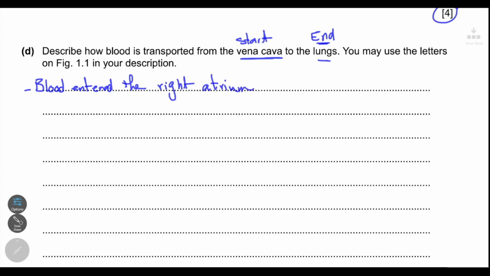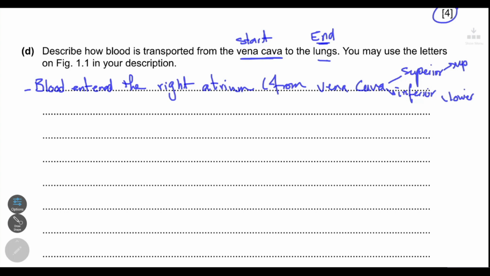The blood is received in the right atrium from, of course, the vena cava: from the superior vena cava, from the upper body part, and from the inferior vena cava, from the lower body part.